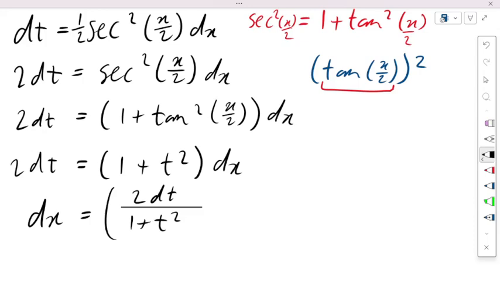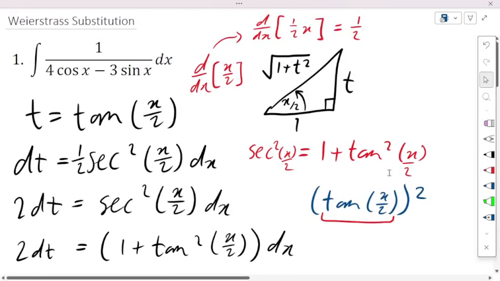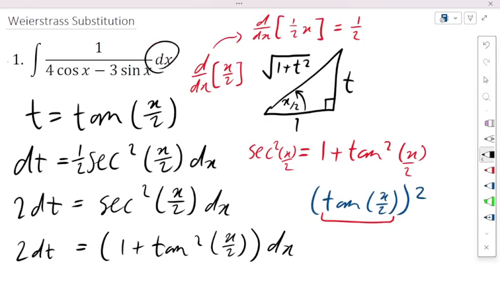And guess what? This entire side here is in terms of t, with respect to t. That's exactly what we want at the moment. So now what are we going to do? We can actually just plug it in over here to our integral.